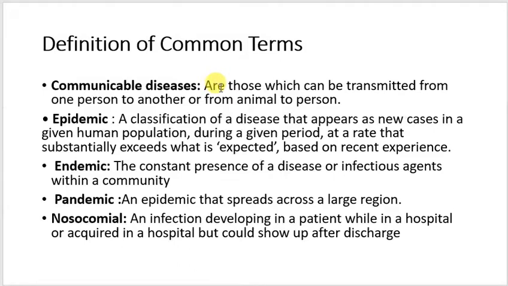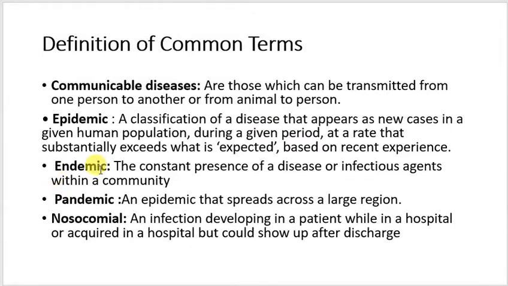Not only that, it can also be from one person to an animal or from an animal to a person. And epidemic is a disease which appears in a human population at a rate which is high, different from what was expected of that community.